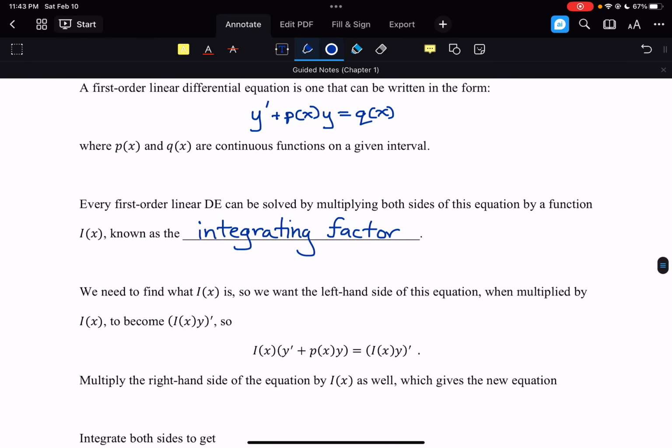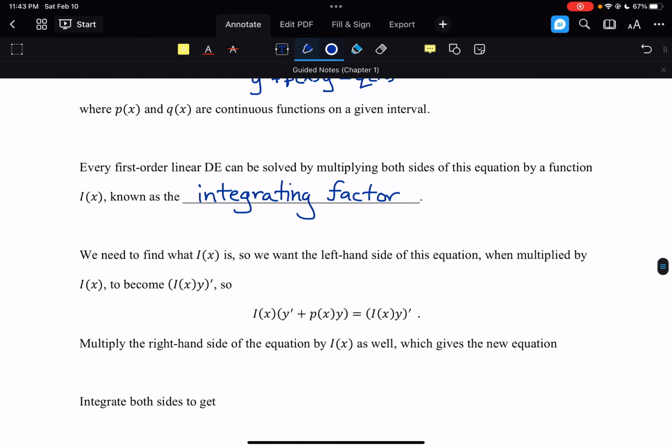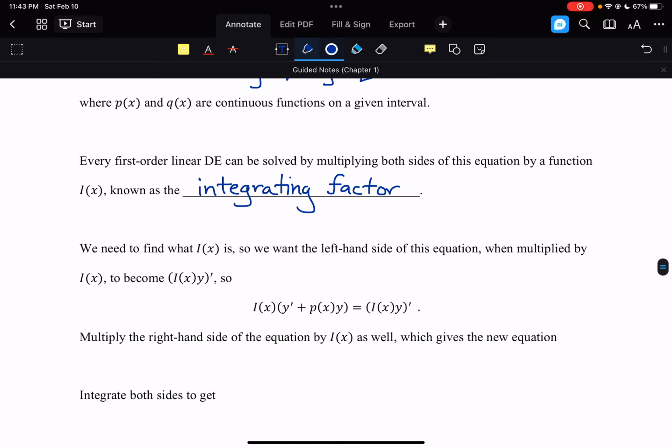What we are looking for is the left-hand side of this equation, when multiplied by I of x, to become this expression, I of x times y quantity prime. So we want it to be the derivative of I times y, essentially.